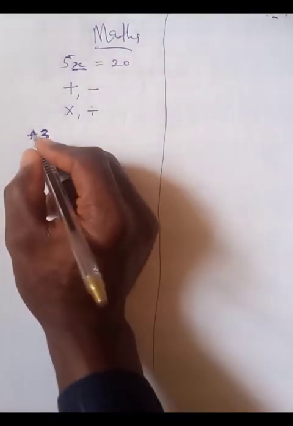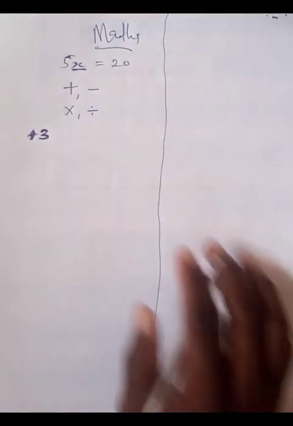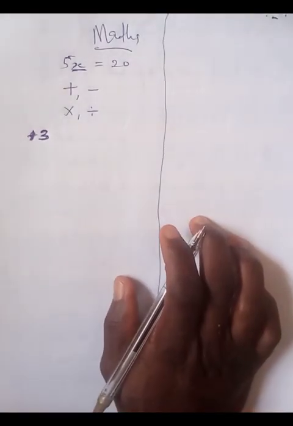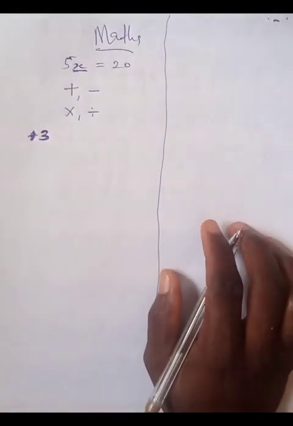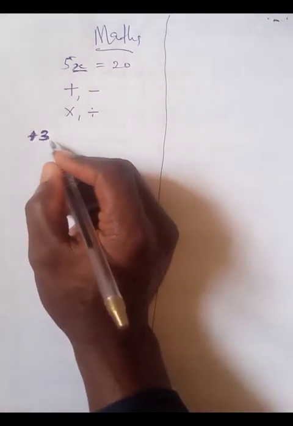So to undo this 3, what do you think can reverse this action of 3? The only thing that can reverse this action of 3 is to have minus 3.